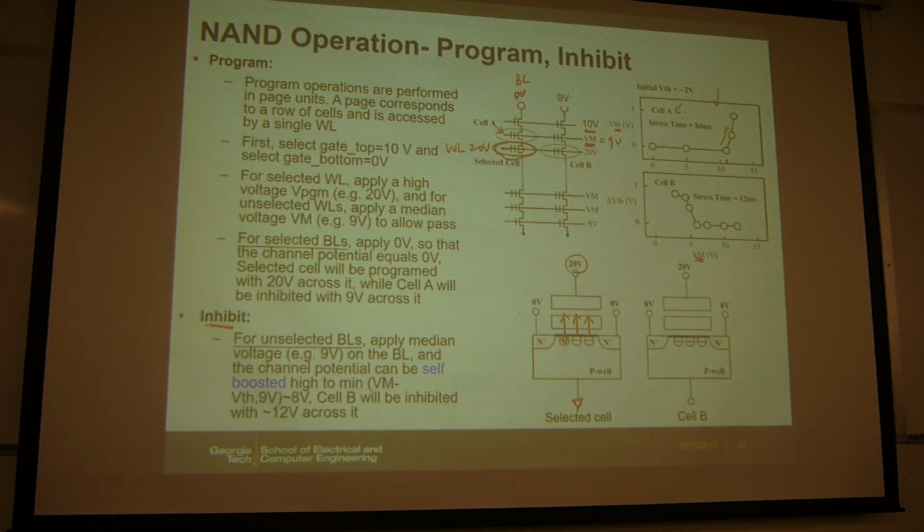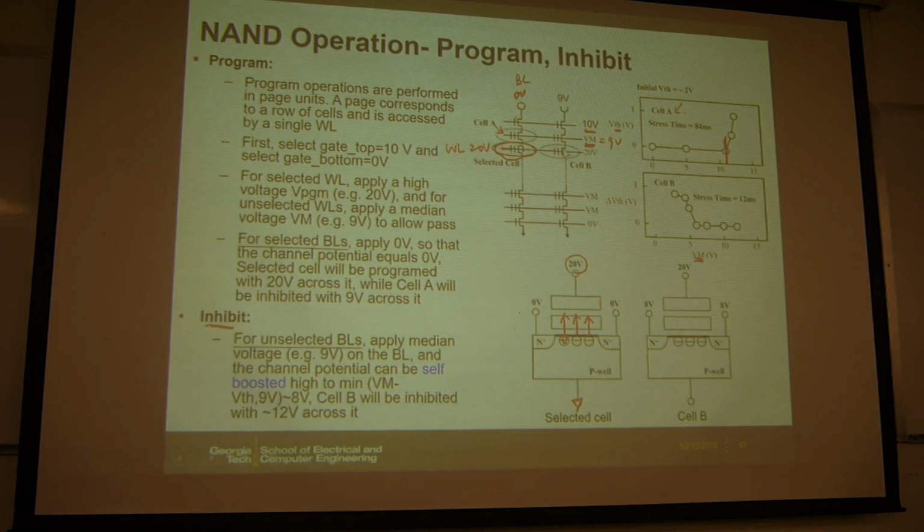This means cell A is being programmed or disturbed. This is not what you want. So you have to make sure Vm is smaller than this, like 11 volts. So the Vm needs to be smaller than this value. So this is to inhibit the cell A.